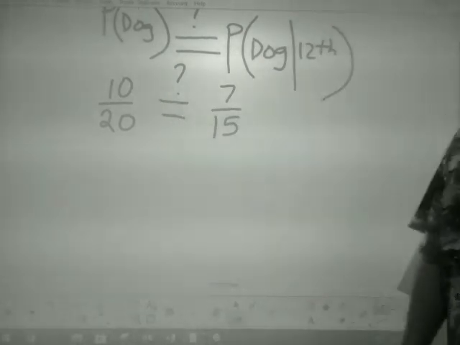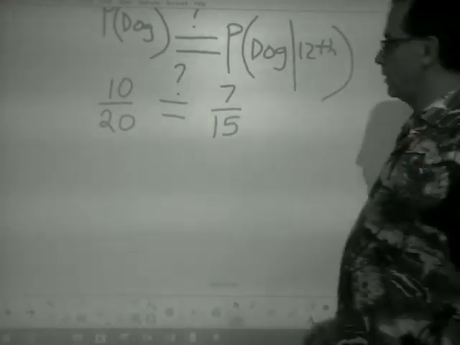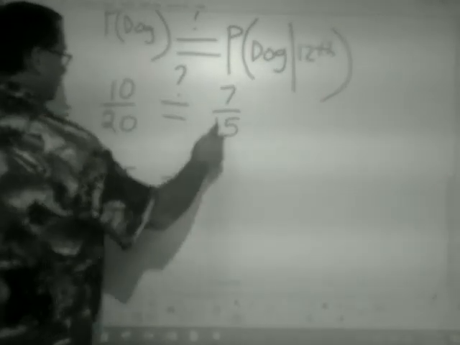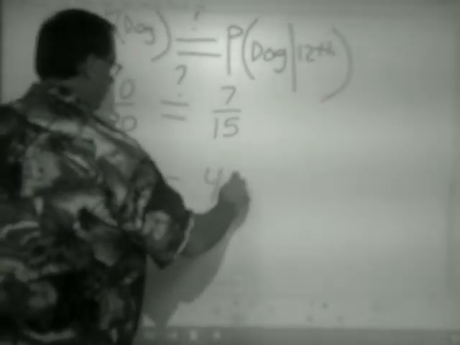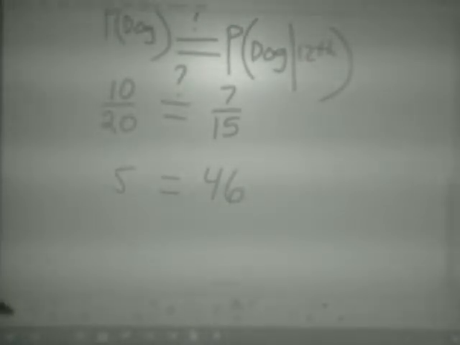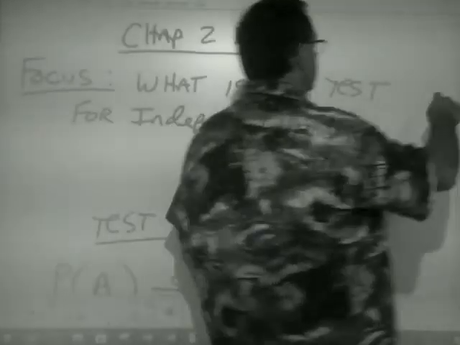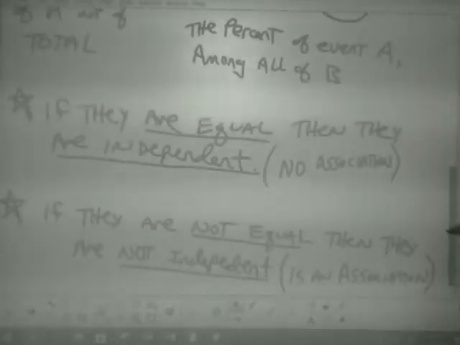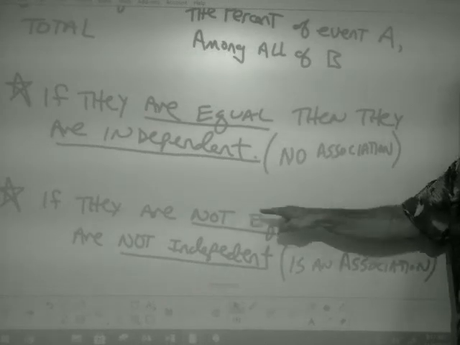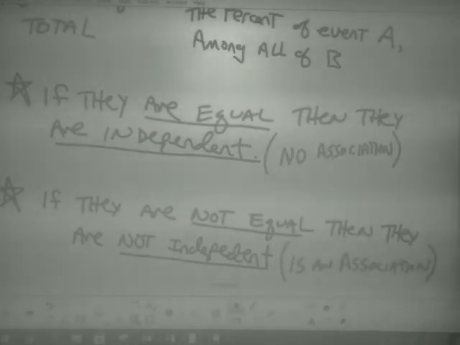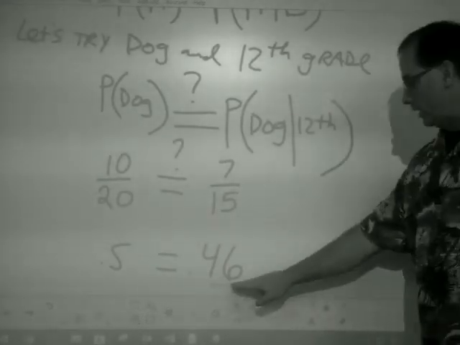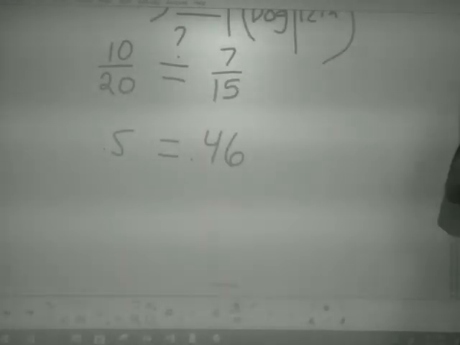So I do the math and I get my decimals, and I get 0.5 and this turns out to be 0.46. So now I go back to the statement that I had before that says, if they are equal, then they are independent, and if they are not equal, then they are not independent. So, what do we think? 0.5 and 0.46, are they equal?